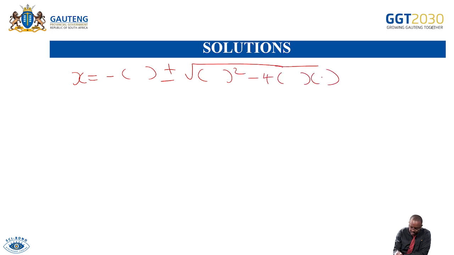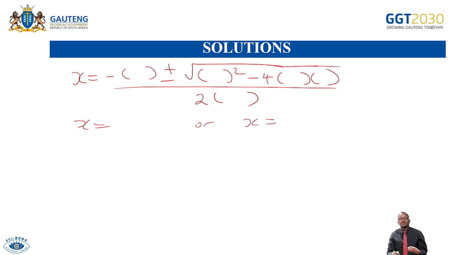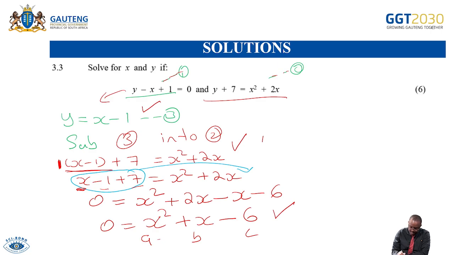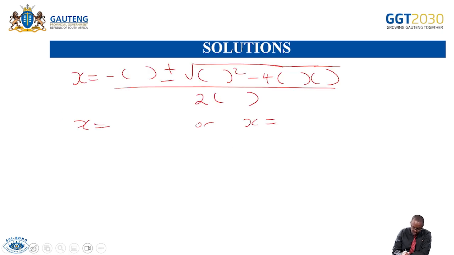We're saying it's a magic formula because it's easy to use and we are not going to lose marks as long as you are very careful in substituting those values. Now our a is 1, our b is 1, our c is negative 6.